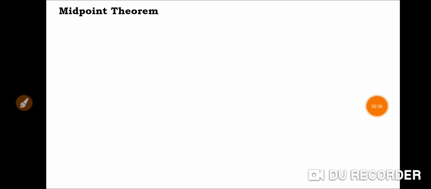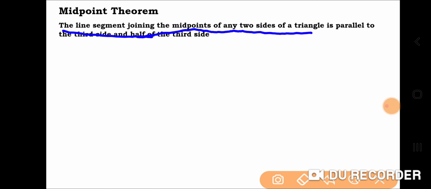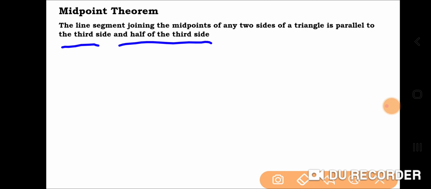Now let us go to the theorem. Here we see the statement of the midpoint theorem: the line segment joining the midpoints of any two sides of a triangle is parallel to the third side and half of the third side, which we have already discussed.